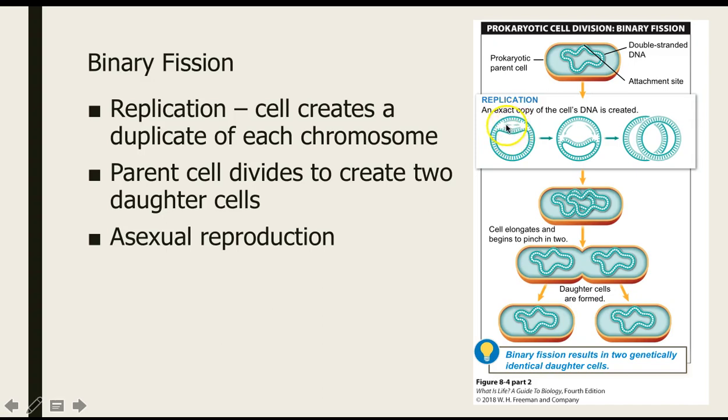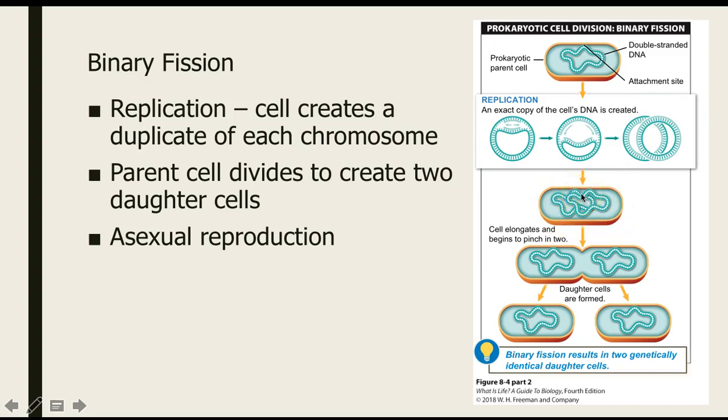It comes in and copies, putting the new bases in on both strands of the DNA. In this circular DNA, it goes along both strands until it finally gets completely copied. Once it gets copied, both double-stranded circular DNA molecules are attached to the plasma membrane. So this one's attached right there, and this one would be attached right there. And you can kind of see that in the cell here.